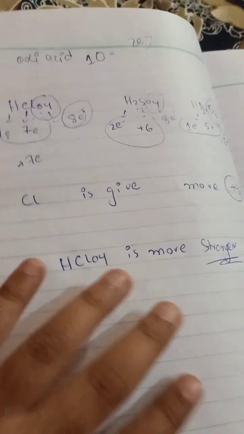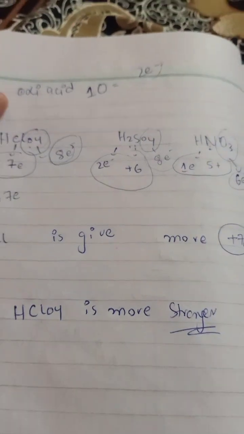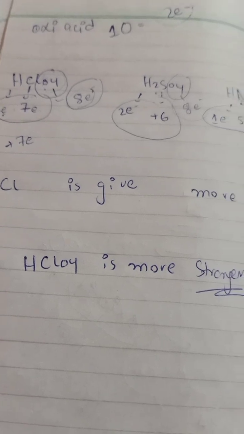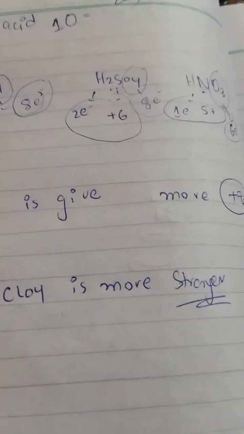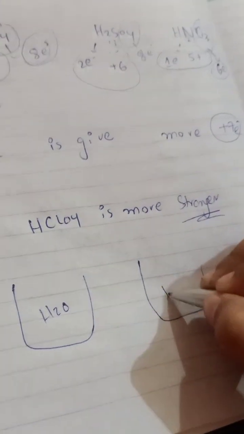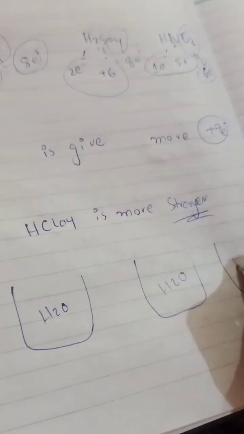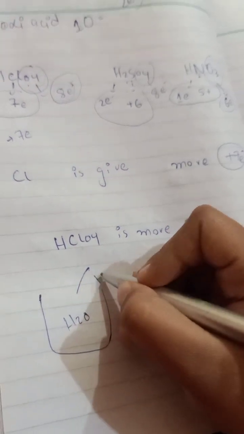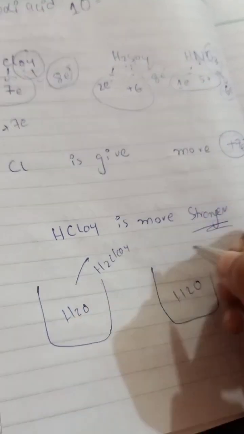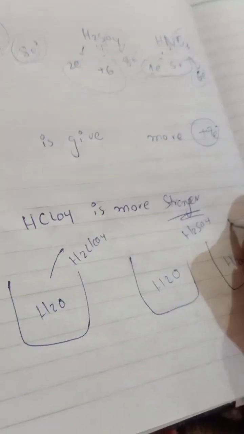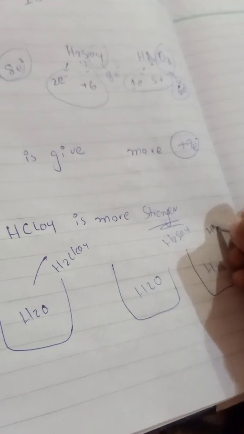We have discussed the oxygen state, and these are basically without solvent. Now if we talk about the strength of the acids in the presence of a solvent, for example H2O, in the container we have H2O, and here we have perchloric acid, sulfuric acid, and nitric acid.